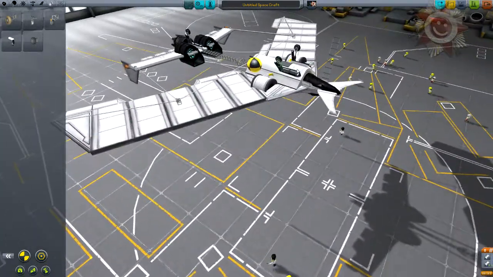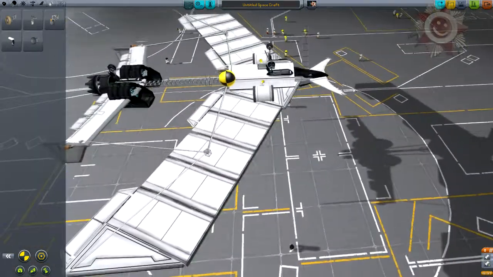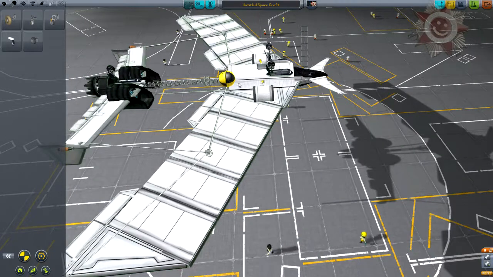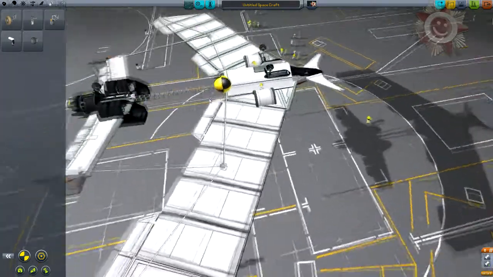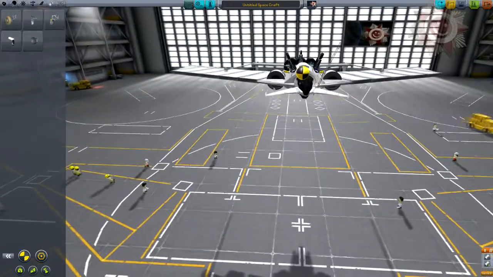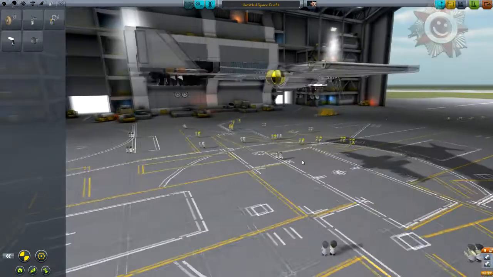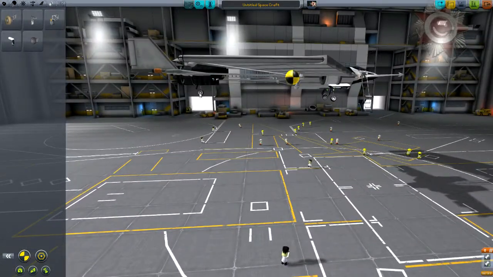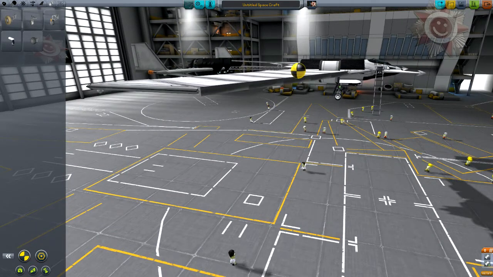So I usually put on the landing gear last, because that way they don't mess up my perception of the center of mass. Now we can see that the tail is kind of higher.